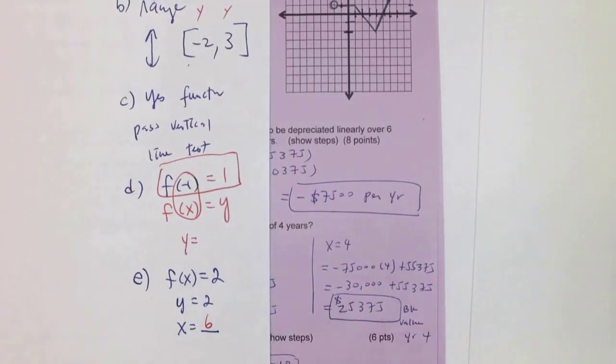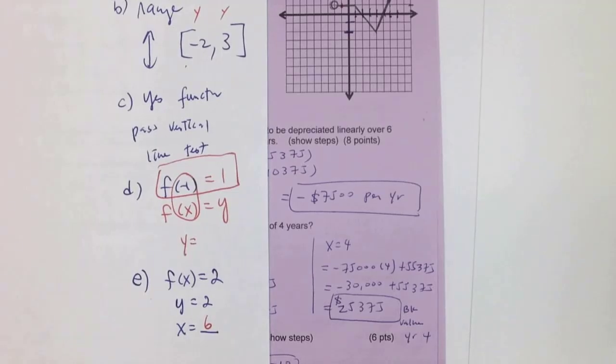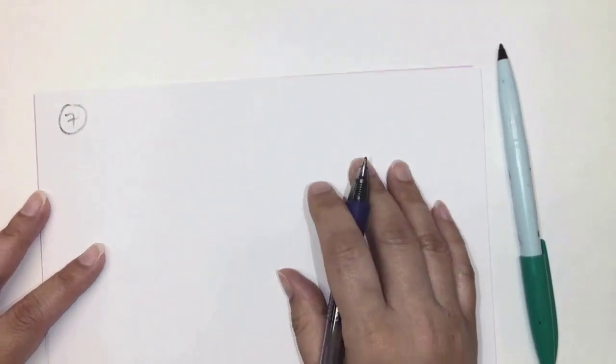The next question, we did something kind of like that on the take-home quiz. Okay, so number 7. We have a car. We bought a company car.